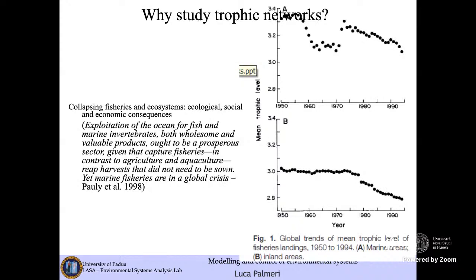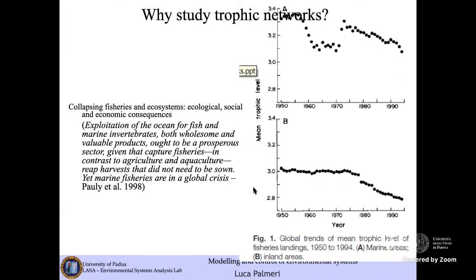Why do we study trophic networks? We study trophic networks because we may have indication on emergent properties of ecological systems. We have already seen these graphs. For example, here we are plotting mean trophic levels as a function of time.